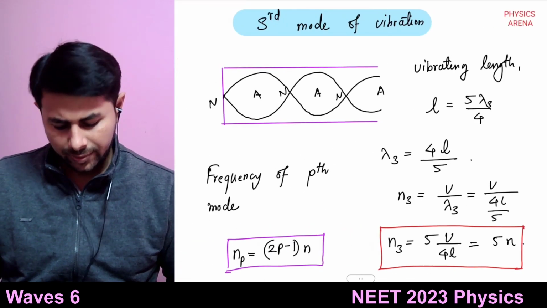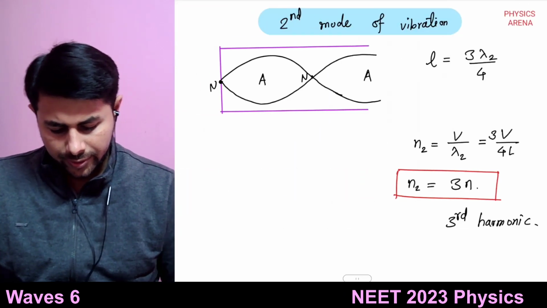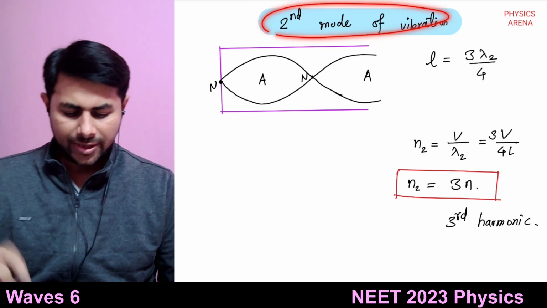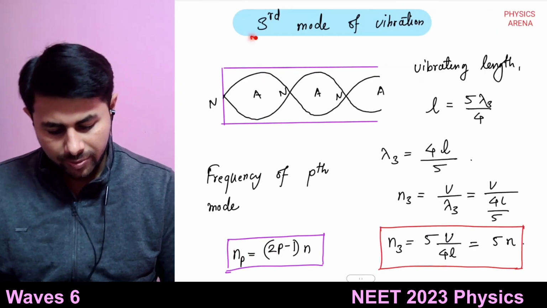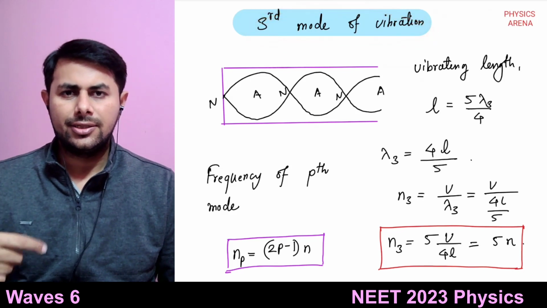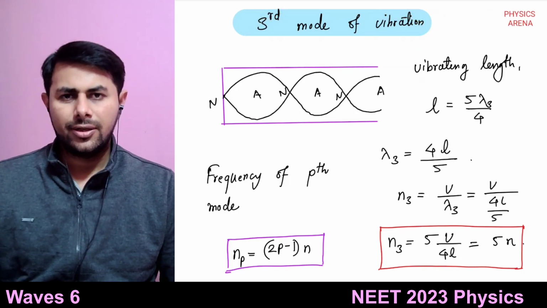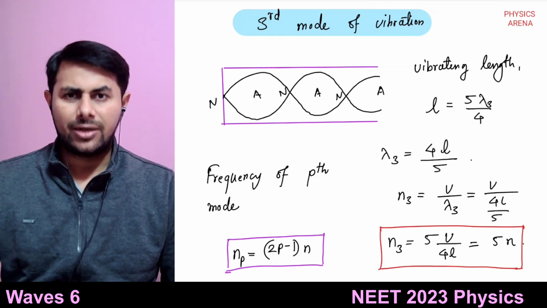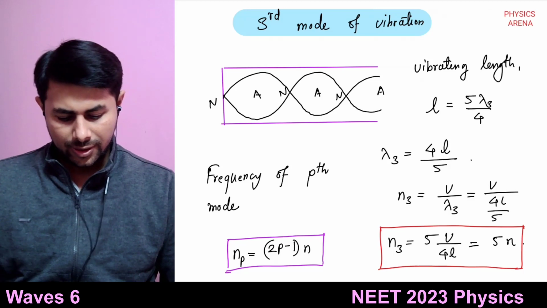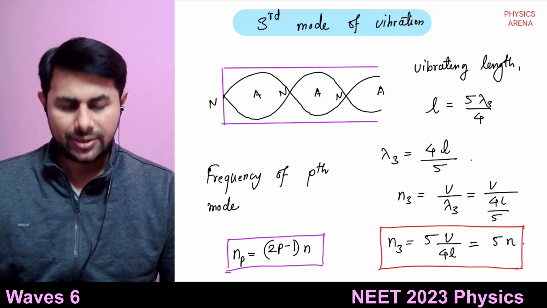So see, the frequency of the second mode of vibration is the first overtone. The frequency of the third mode of vibration is the second overtone. So what is an overtone? First overtone is the first frequency higher than the fundamental frequency. Second overtone is the second frequency higher than the fundamental frequency.